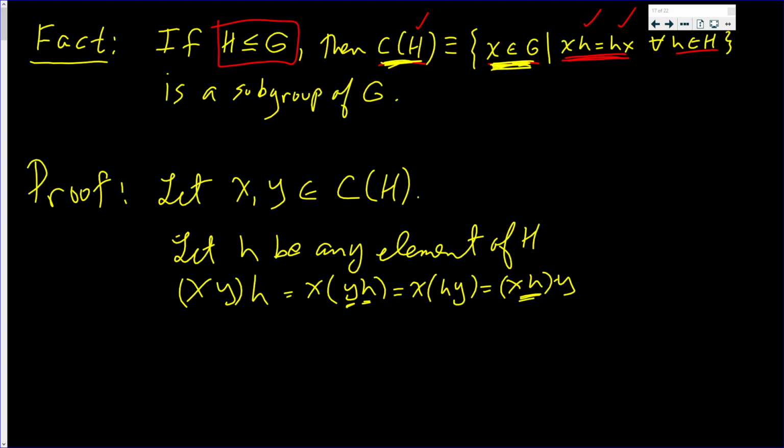But X is in this special set, C of H. So X commutes with every element of H. So HX times Y. One last line and we have it.